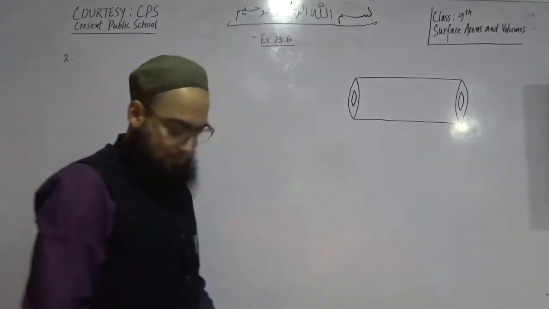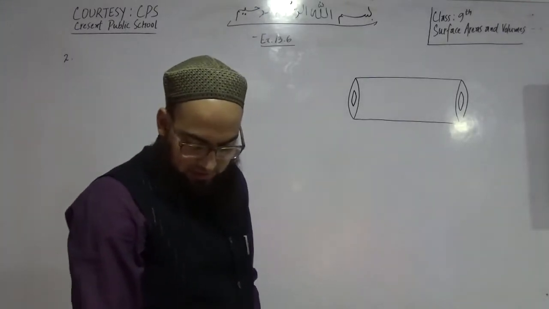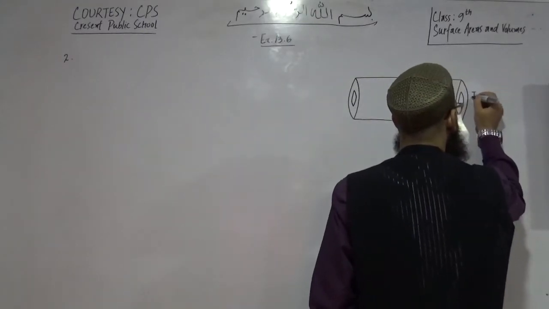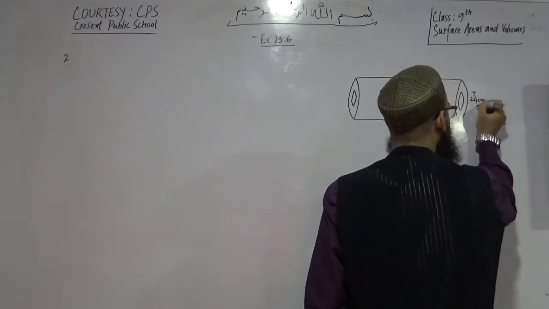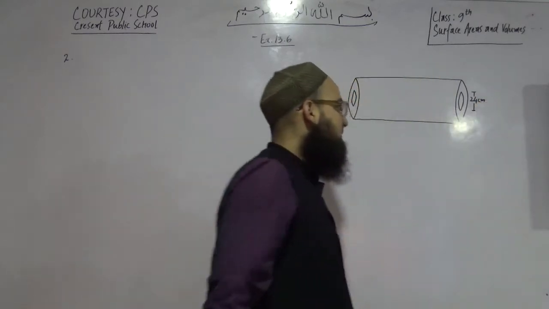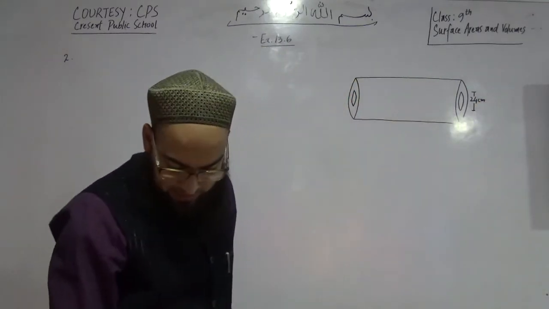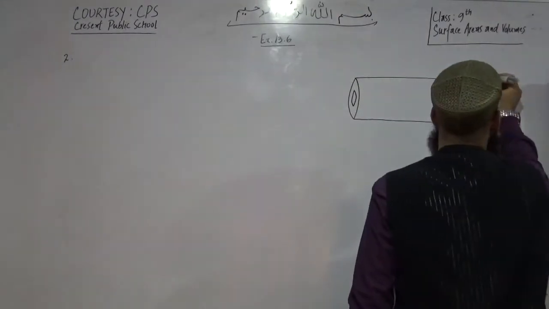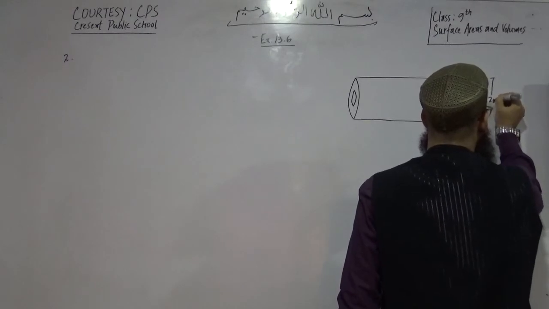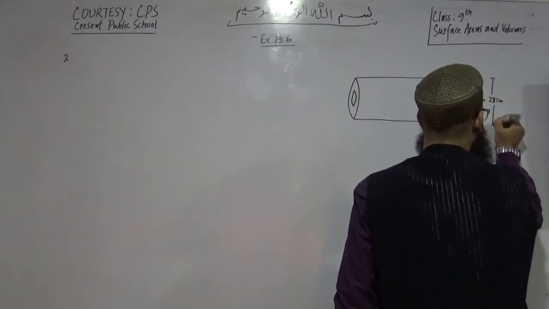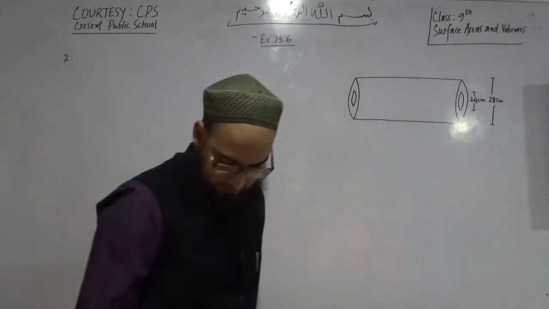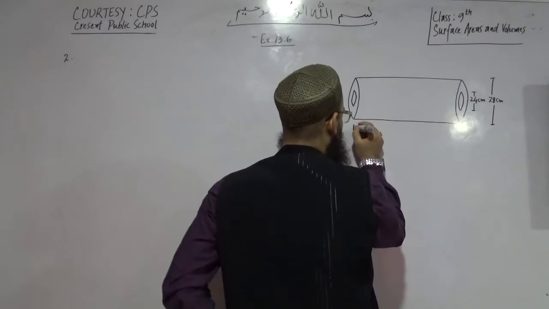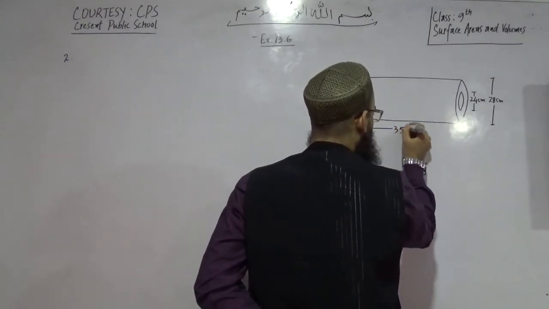Inner diameter of the cylindrical wooden pipe is 24 centimeter. Inner diameter, that means this is 24 centimeter. And its outer diameter is 28 centimeter. Just like this. The length of the pipe is 35 centimeter.